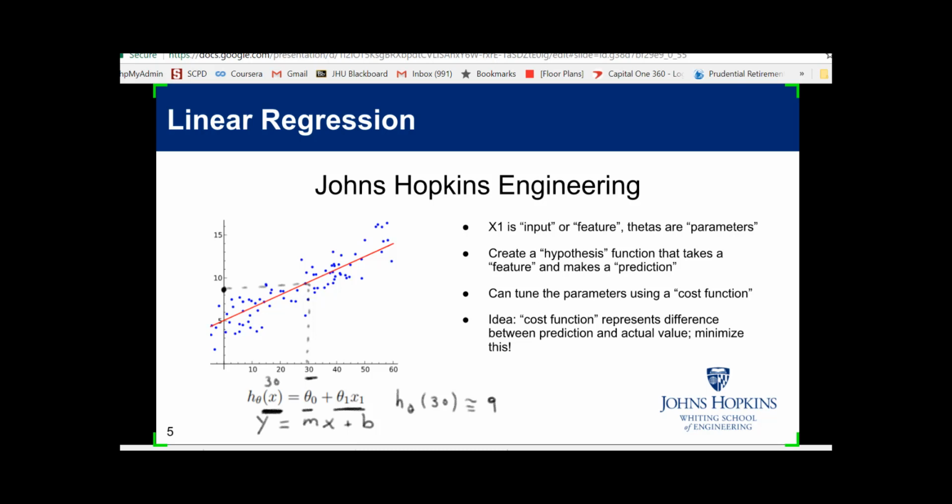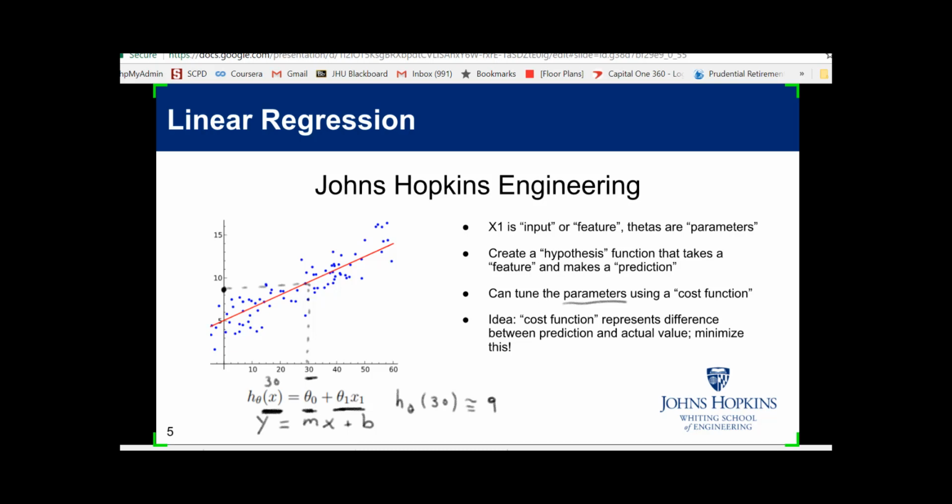But I did want to talk a little bit more about these numbers here, these thetas. So you see in this case, there's theta 0 and there's a theta 1 right here. Okay? So we actually call these parameters. And it turns out the way that we tweak these parameters is going to give us a better prediction based on some kind of cost function.